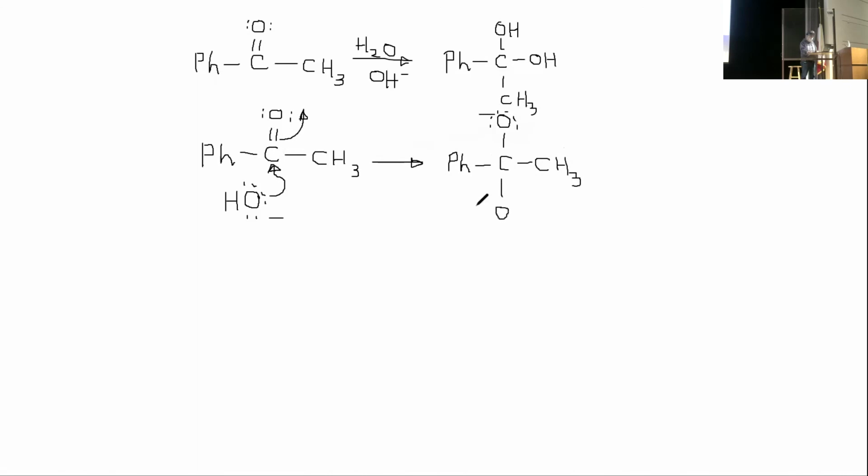OH over here. And you get this intermediate with a minus charge on oxygen. And again, since we're in alkaline medium, we're fine. There you can have anions. Certainly oxygen with a minus charge. And so now all we need to do is put a proton on this oxygen and we're done. We get the final compound we expect.